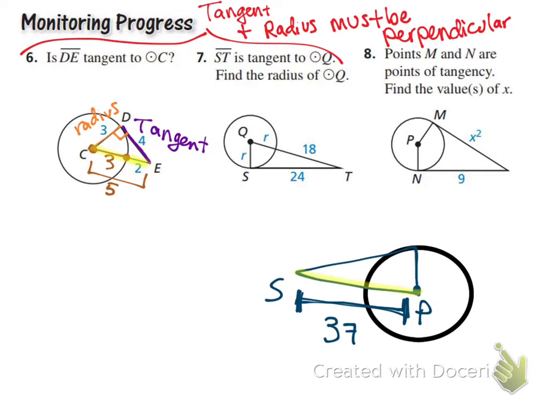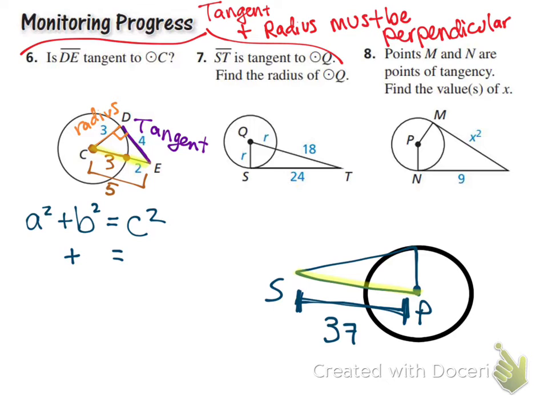We want to see if DE is tangent. In order for it to be tangent, this needs to be a right angle, which means DEC needs to be a right triangle. So how can we tell if this is a right triangle? Pythagorean theorem. A squared plus B squared equals C squared.